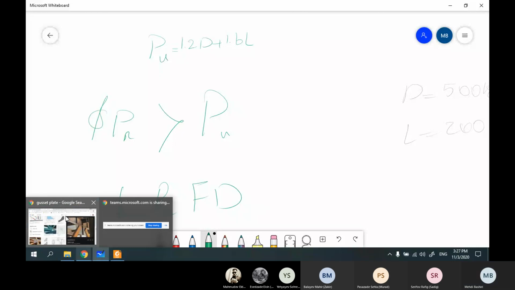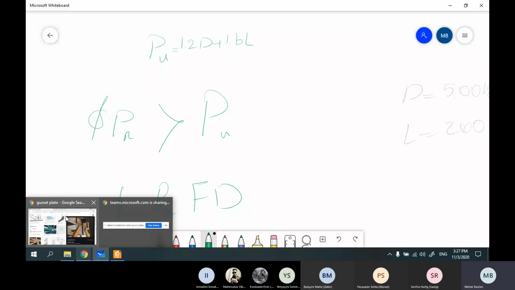Okay. As I said, we have tensile strength. The tensile strength, Pn, for yielding is FyAg, and the tensile strength for fracture or rupture is FuAe. And in case that we have connections, we have to consider the effective area, Ae.